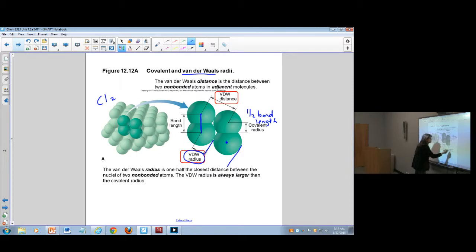It's the distance between two non-bonded atoms. So you'll see this is Cl2, this is Cl2, but they're not bonded. They're just close together. This van der Waals radius is always bigger than this covalent radius. In other words, those forces in that radius extend past the molecule a little bit.